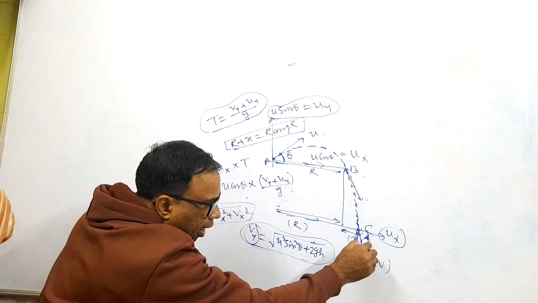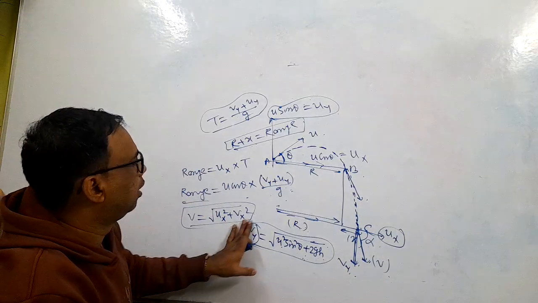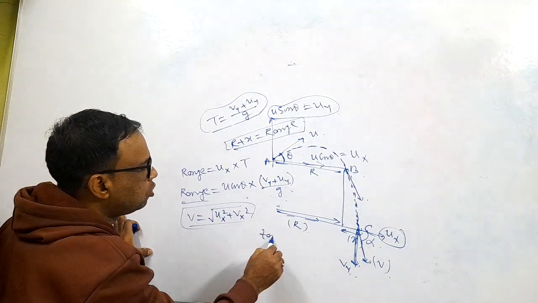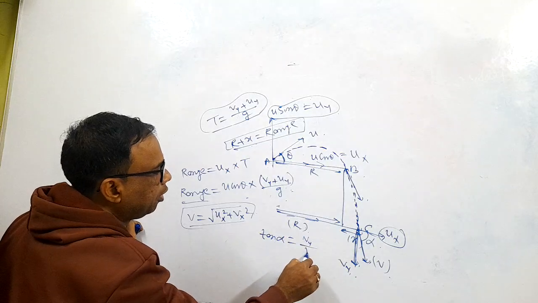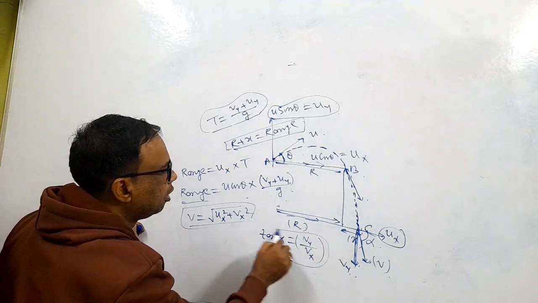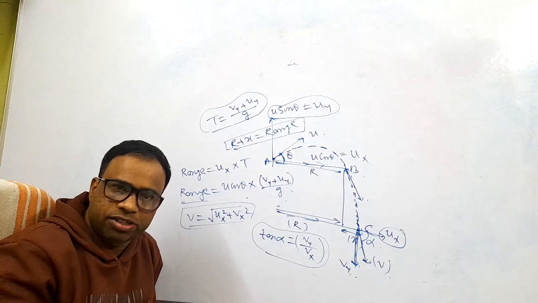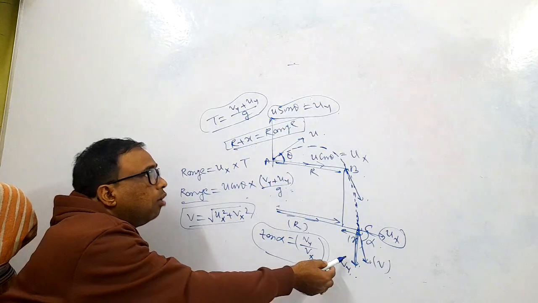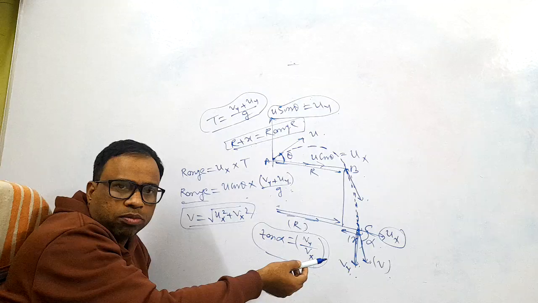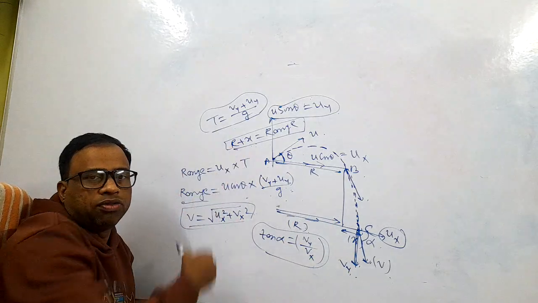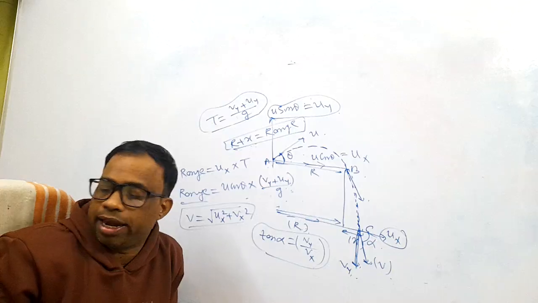Or the striking angle alpha: tan alpha equals vy by vx. You get this result. So the striking angle, the striking velocity at the ground, and the complete time of flight of the projectile you easily get from the vertical motion. That is the second case.